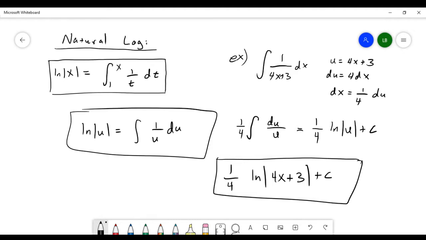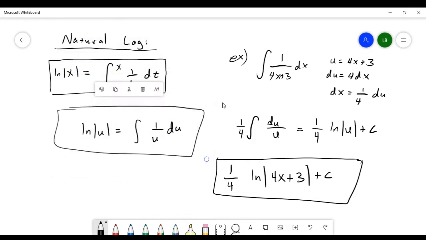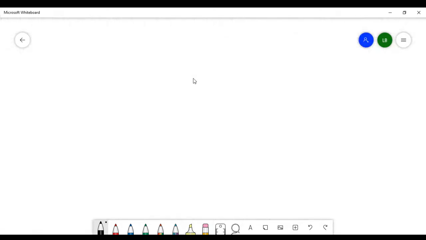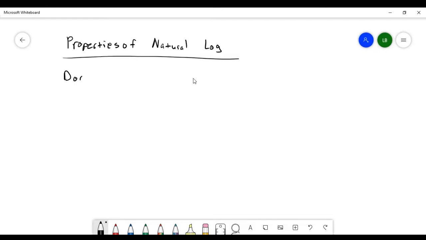So now let's talk about some of the properties of the natural log. The domain of natural log is all real numbers that are positive, so anything bigger than 0.